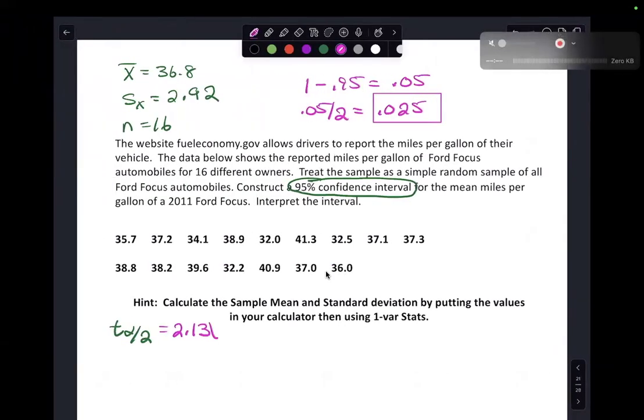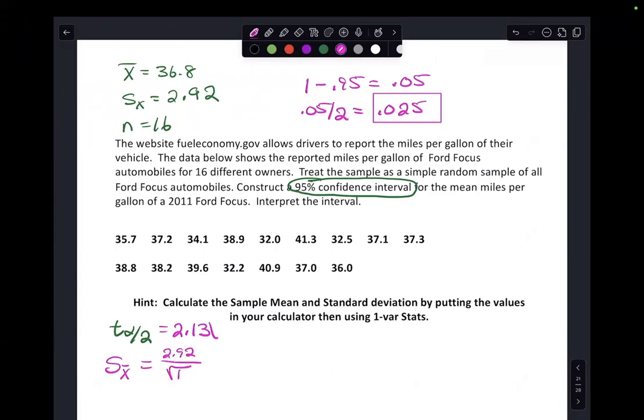My s sub x bar is going to be the sample standard deviation, 2.92, divided by the square root of 16. Let's put this in my calculator. Remember, we don't do n minus 1 here for the square root. Ooh, I love it when it's a nice pretty number. 0.73.